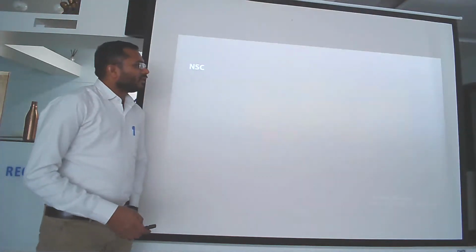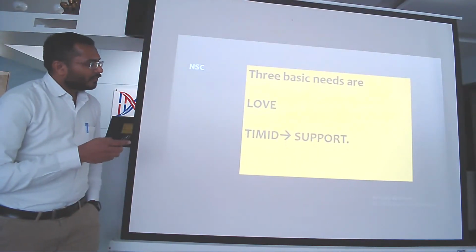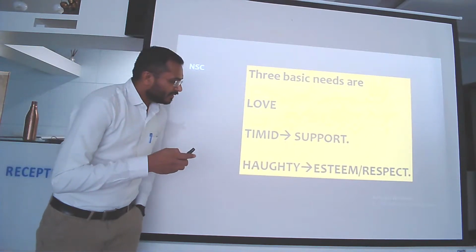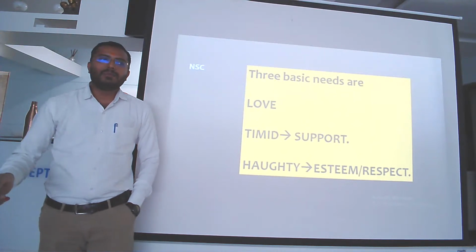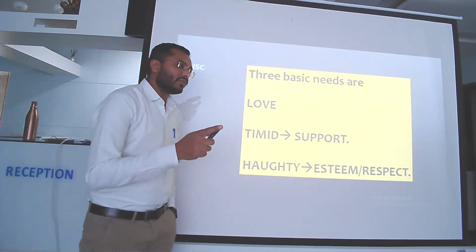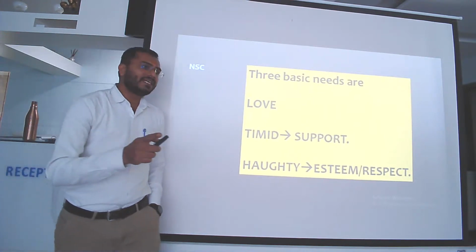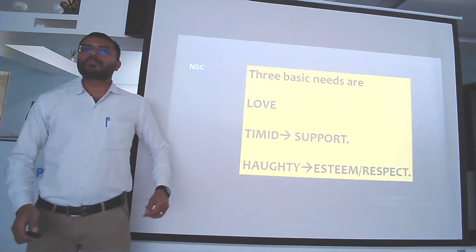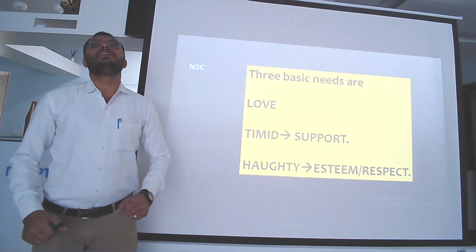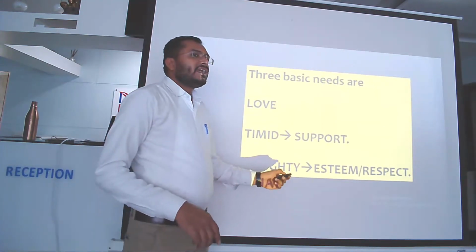So that's all for the basic needs: love, support, esteem. See, who will need support? A timid constitution needs support. So you have to find the rubric timidity with support requirement. And who will need esteem? Those who are very high-chinned, with a haughty personality, they need respect and esteem.